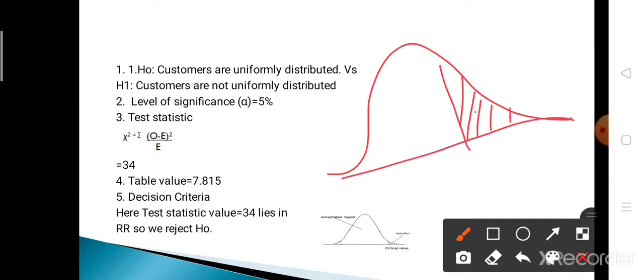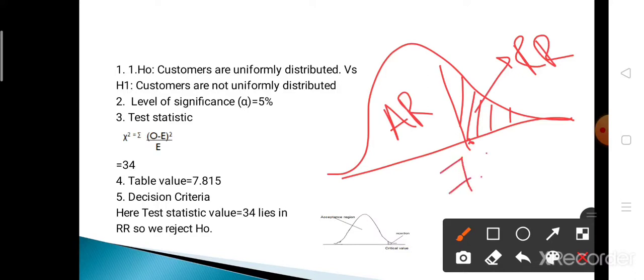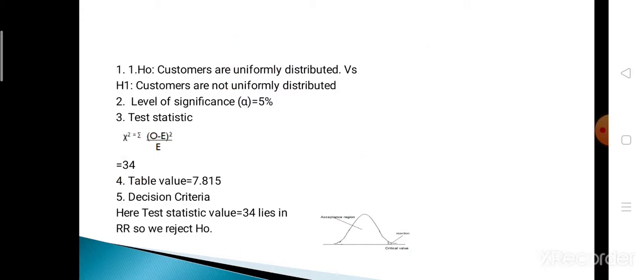So only one rejection region is there on the right side and the left side part is the acceptance region, and this point is the positive table value, 7.815. Which region does the test statistic value 34 lie in? The rejection region, because 34 is greater than 7.815. So we reject H0, that is, accept H1. That means the customers are not uniformly distributed. So this is the chi-square test for goodness of fit.